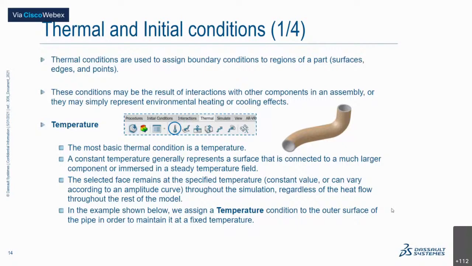If they want to vary the temperature with respect to time, they can give an amplitude curve as an input. Else they can just give a constant temperature that is to be followed throughout. In the example you see on the screen, a fixed temperature is maintained on the outer surface of the component.